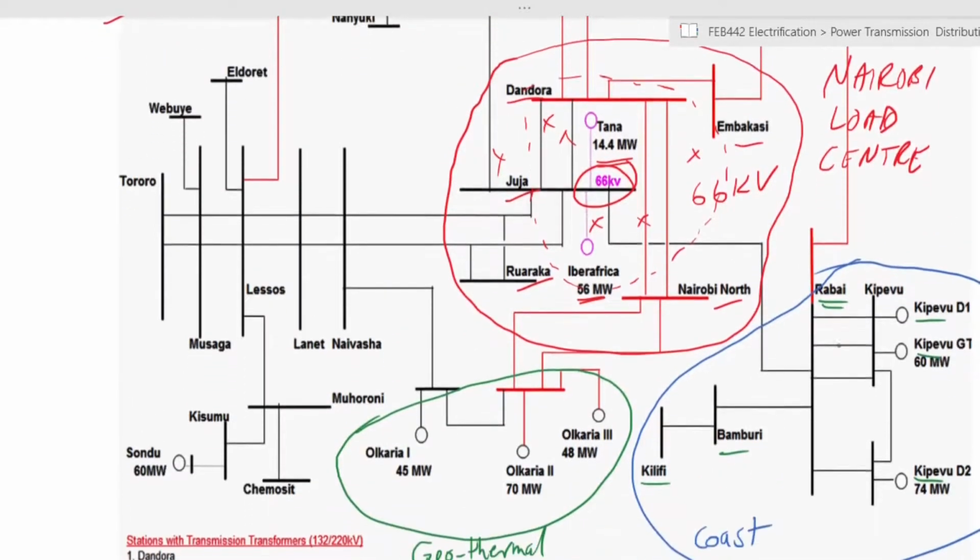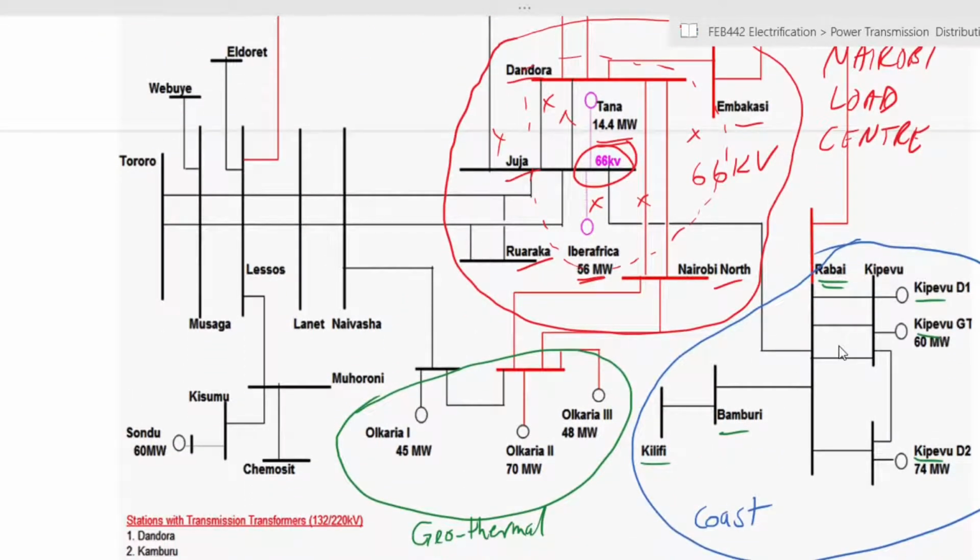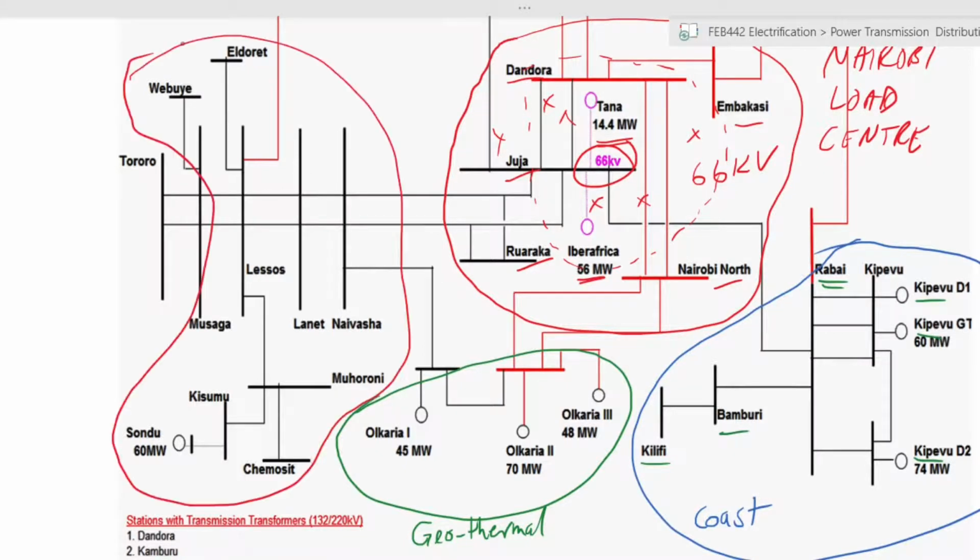substations or receiving stations. Another load center is Western Kenya, so that is shown all around here, these areas. So Western Kenya is generally a load center, but it does have a few power generation stations like Sondu Miriu, which produces 60 megawatts.